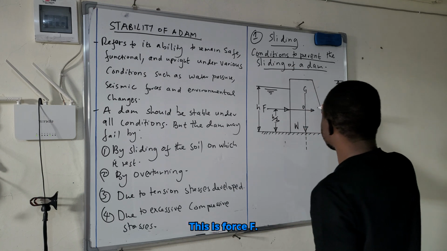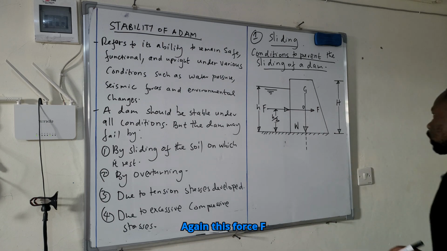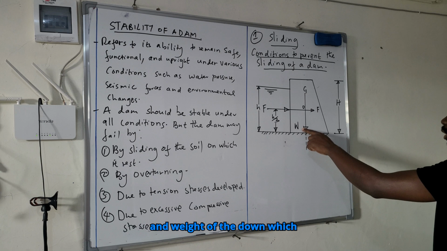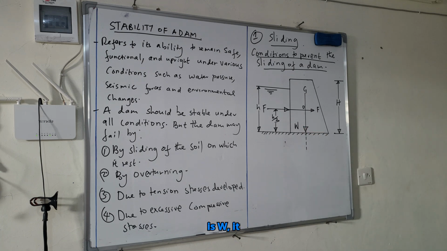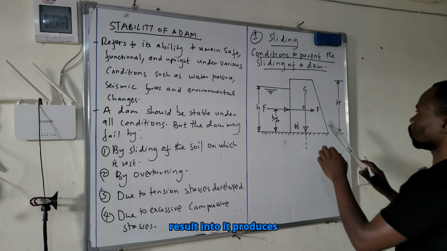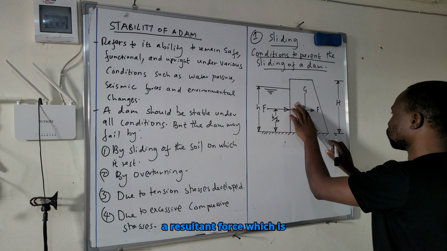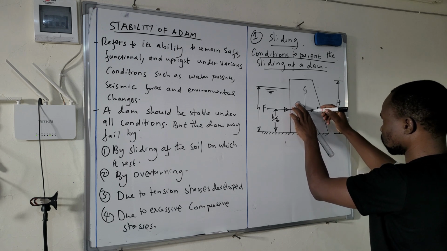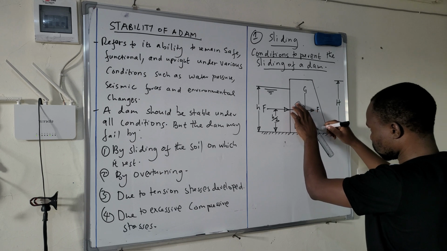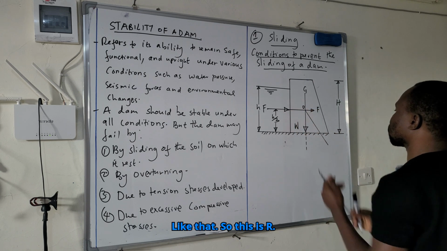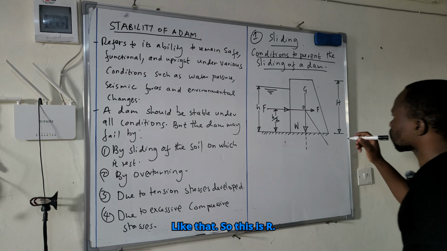This is force F. This force F and the weight of the dam, W, produce a resultant force, which is R. So this is R.